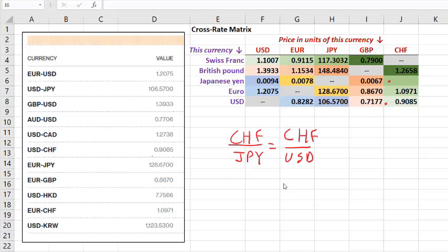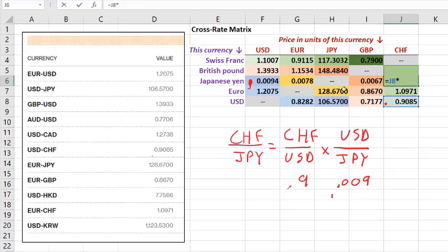It's a 0.9 times dollars per yen. And where's our dollars per yen? That's right here, 0.009. Right? So let's have Excel run that math. And there we go.